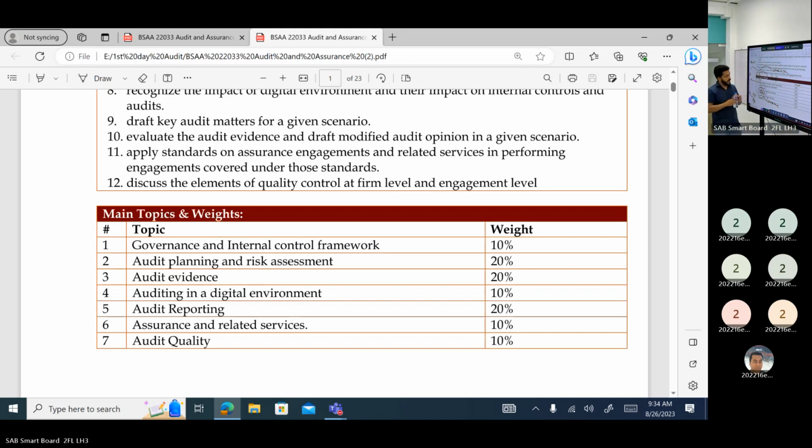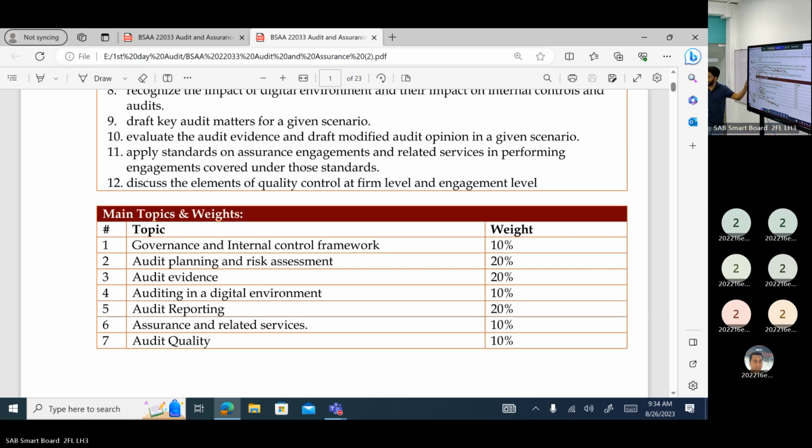So the audit engagement, and then non-audit, in the sense of assurance engagements where we are issuing lower level assurance, not high level assurance.